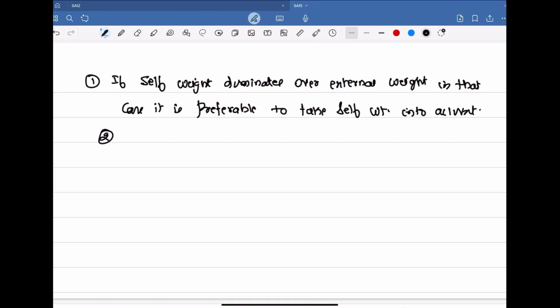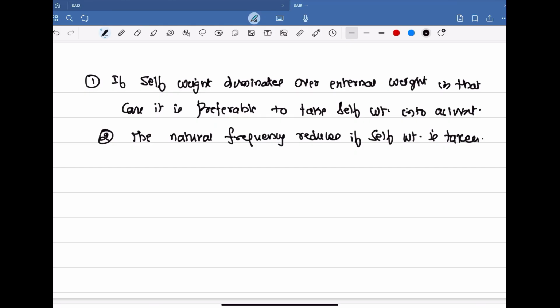The frequency reduces. The natural frequency reduces if self weight is taken or accounted for. The natural frequency without self weight is greater than Fn with self weight.